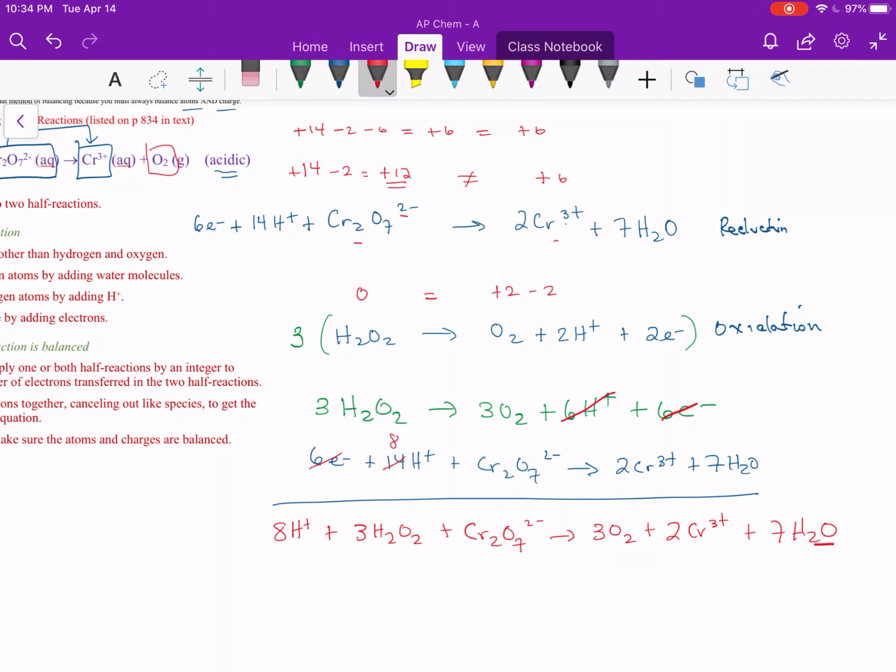Over here I have a grand whopping total of a plus 6 charge, and here I have a plus 6 charge. So charges and atoms should balance after we do this process. If you follow those steps and work at it, you can get really fast at balancing these reactions because these steps really help. It's really systematic that way.